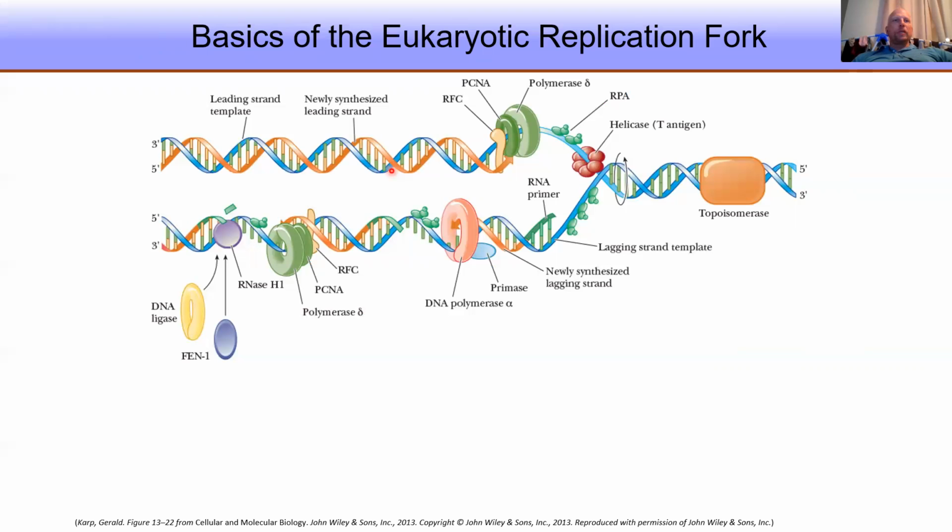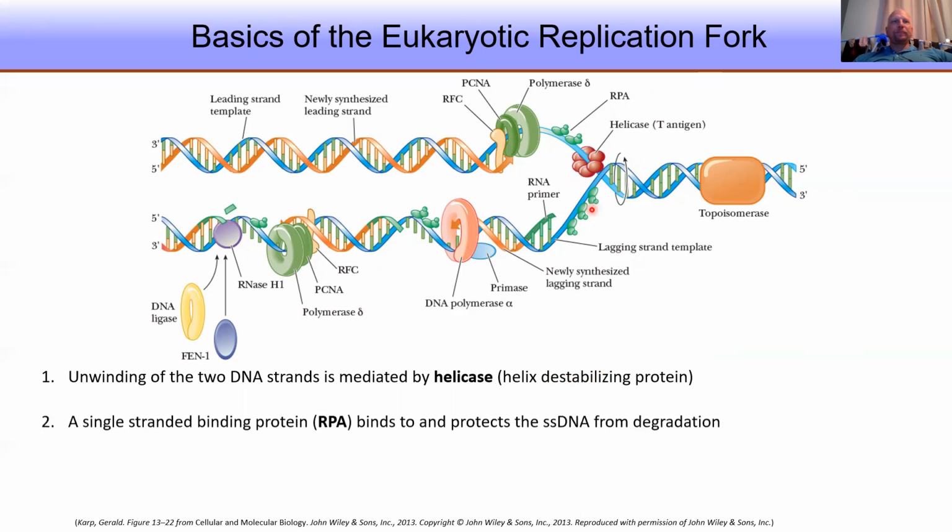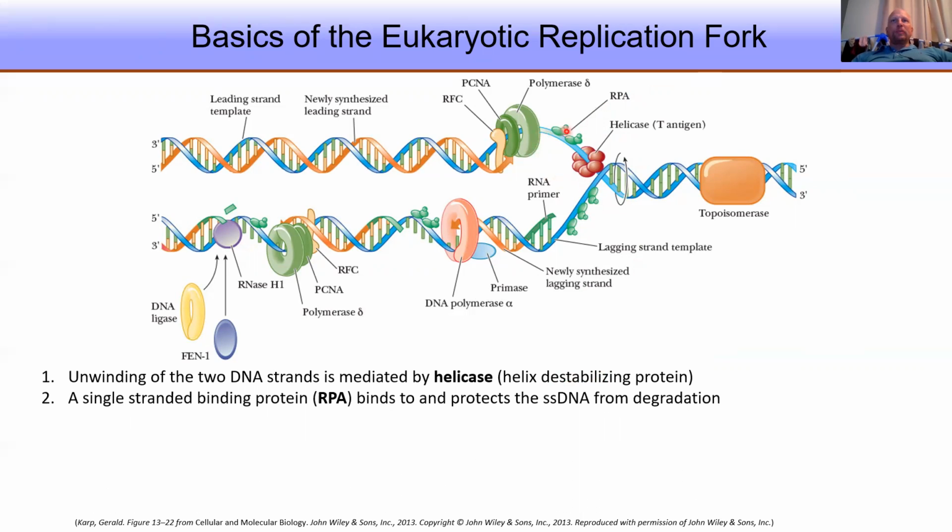So an overview of this process: firstly, obviously we have to unwind the strands, and that's done by an enzyme called helicase, which is a helix destabilizing protein. And to protect the single-stranded DNA from being broken down by nucleases, we have a single-stranded binding protein called RPA, which binds to it.